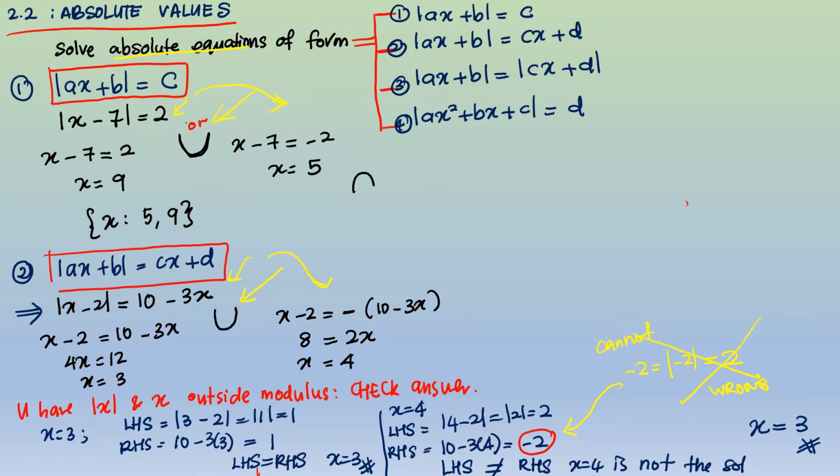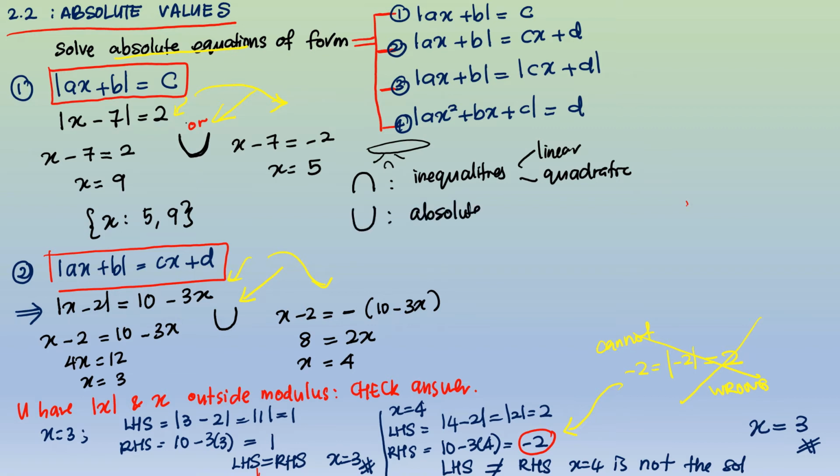We used intersect for our inequalities, either linear or quadratic. We used the symbol intersect because we separated one inequality into two. But here for absolute, you will use the symbol union, or. You cannot use intersect. Please see the difference between them.